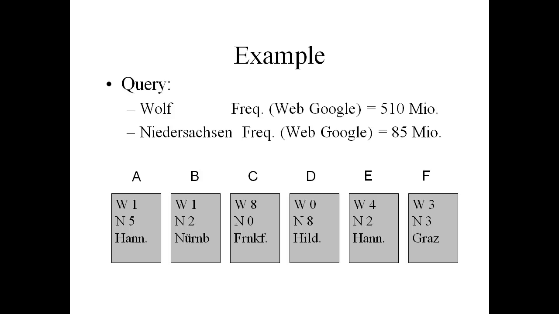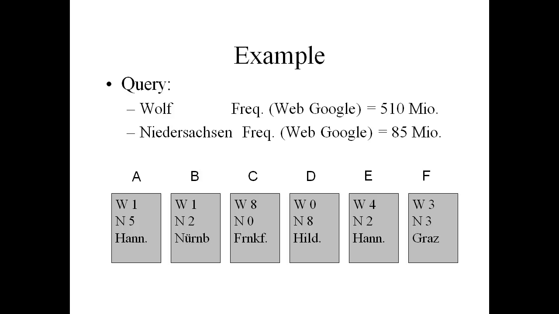I want hits where my term is very frequent, but not in other documents. I want documents where my term is frequent, so term frequency should be high, but inverse document frequency should be low.